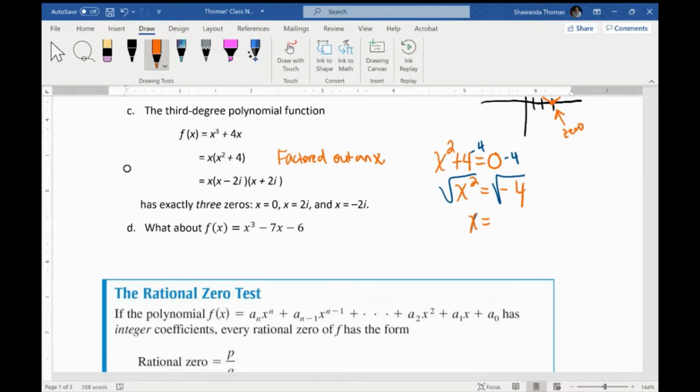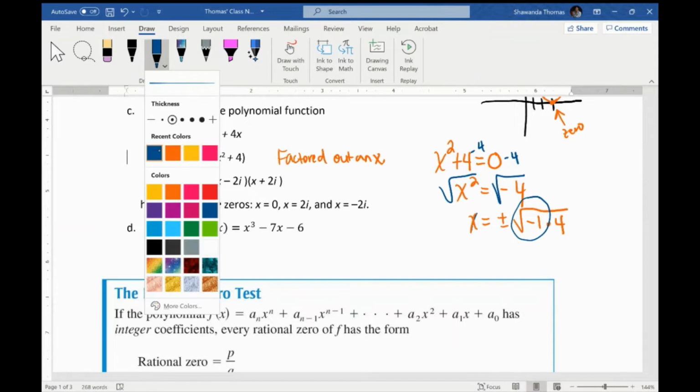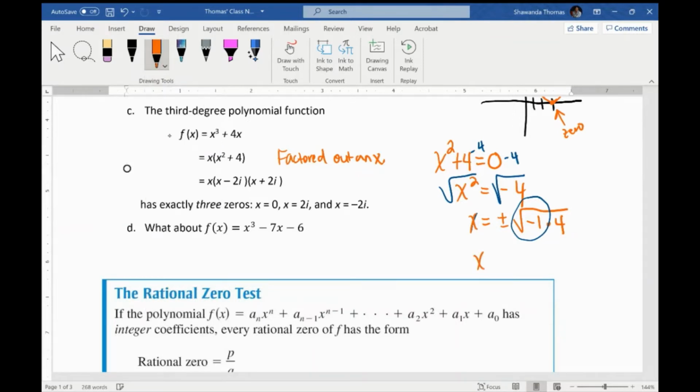Plus or minus. Then we have the square root of -4, which can be broken down as what two factors? Negative 1 and 4. Yep. And we know that the square root of -1 is i. So x equals plus or minus i, and the square root of 4 is 2.